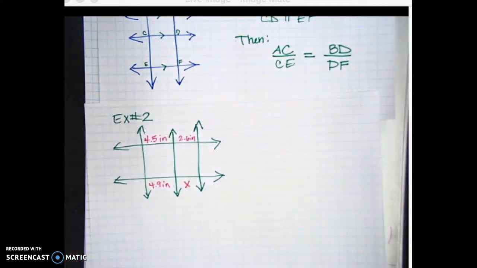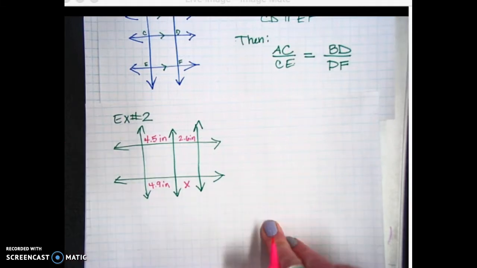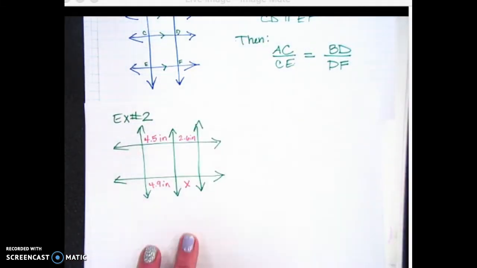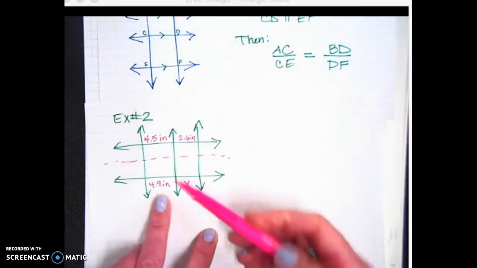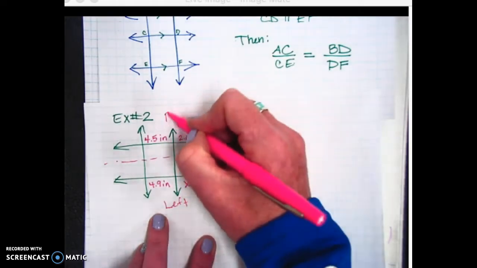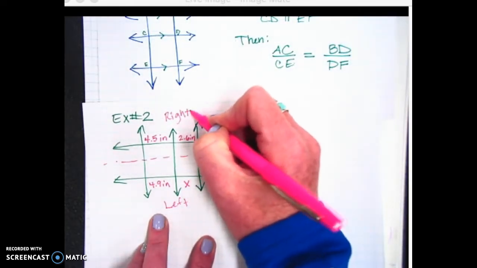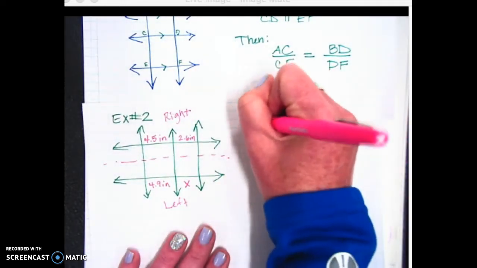All right, so example number 2 is going to use the two transversal proportionality theorem. Bless you. The only thing different than what we just wrote is that it's turned on its side. Okay, so instead of being straight up and down, it's turned crooked. So my little trick is I kind of do a dashed line. And I go, okay, so this is going to be my left side, and this is going to be my right side. And then I'm going to, well, obviously solve for x.